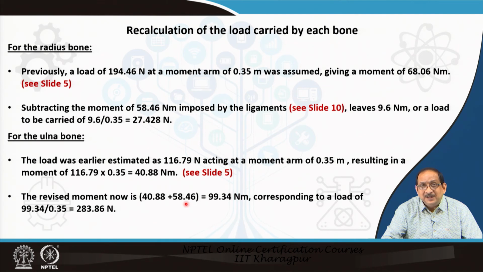The two moments are added, giving rise to a new moment of 99.34, corresponding to a load of, if we divide the moment by the moment arm, we get the load recalculated as 283.86 Newton. So, in this case, the load has increased because the moment has actually increased to 99.34 Newton meter.